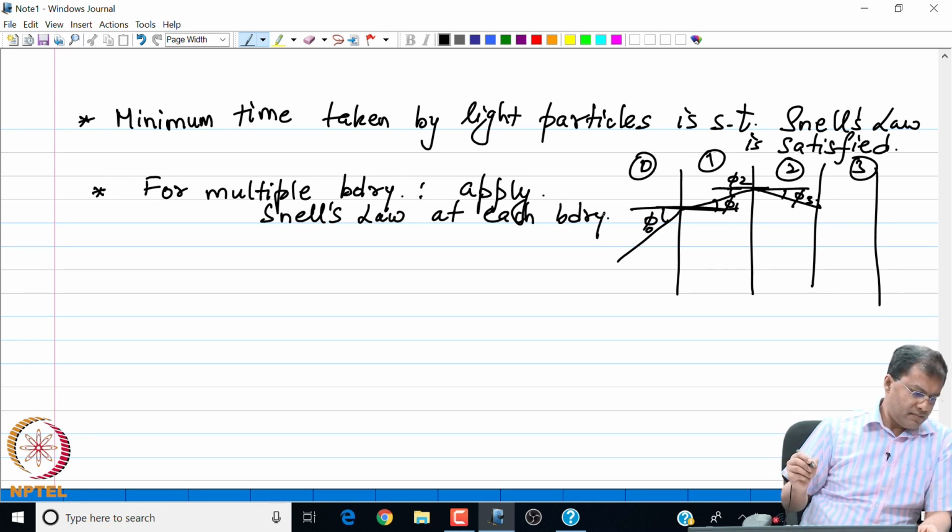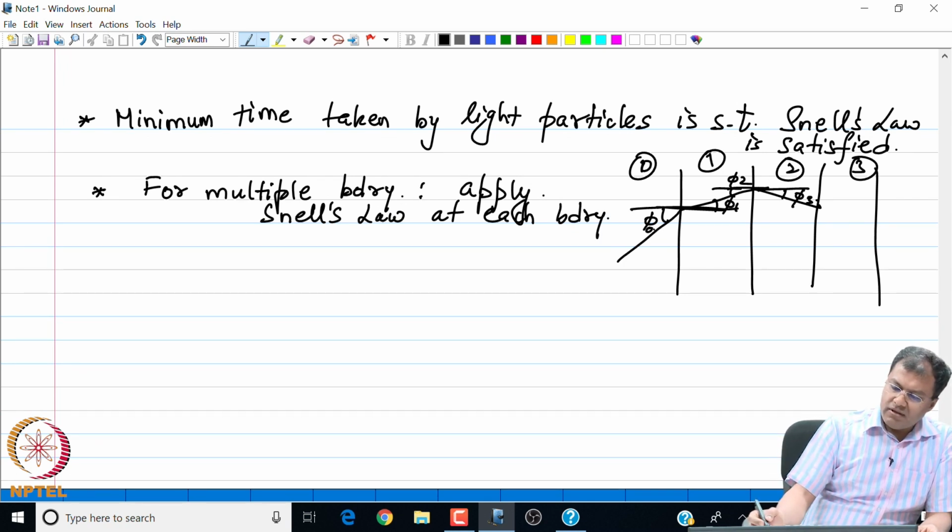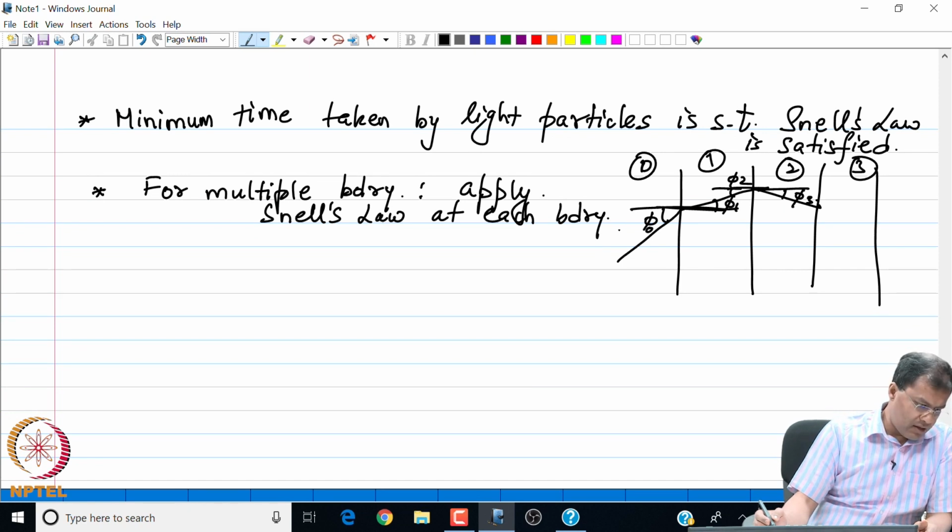Okay. However, what we have seen is we have not exactly used the Euler-Lagrange equations in its purest form. We have broken down the problems into simpler bits and applied Euler-Lagrange equations in each of these bits wherever the solution is continuous, right, and continuously differentiable up to second order, right.